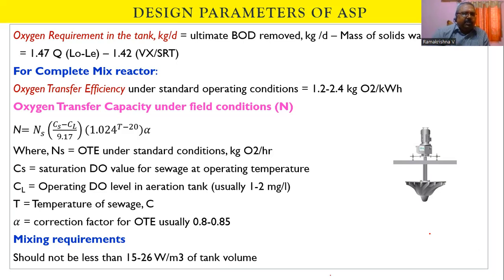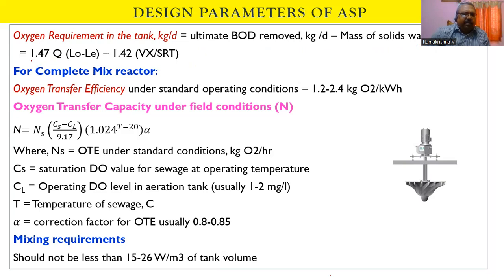Now the oxygen requirement in the tank we can calculate as the amount of ultimate BOD removed in the tank minus the mass of solids wasted. Oxygen is required only for the removal of BOD, but at the same time some portion of solids are wasted from the system, so we have to account for that.